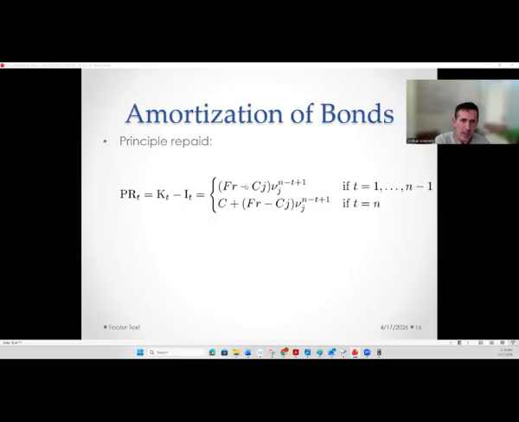So this here is telling you exactly that: bond bought at a discount, principal paid is negative, except at the end. If the bond is bought at a premium, then principal paid is positive. Actually, it's a little weird because on exam FM, they don't include the C in this formula technically, which is a little bizarre. I guess it's kind of like how accountants think, but we'll get to that later.